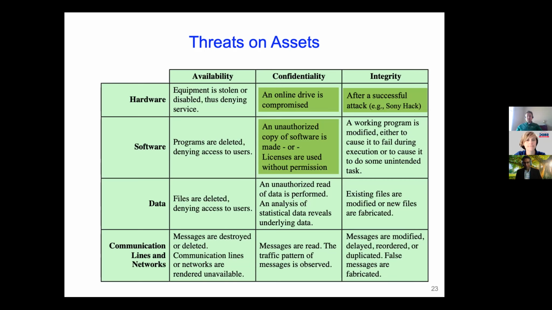And then in terms of data, which is going to be very critical, making sure you're able to access the data that your business needs to operate. And obviously, copying data is going to be a really problematic thing in terms of intellectual property and all of that. And obviously, people modifying your data without your consent is also going to be a threat.